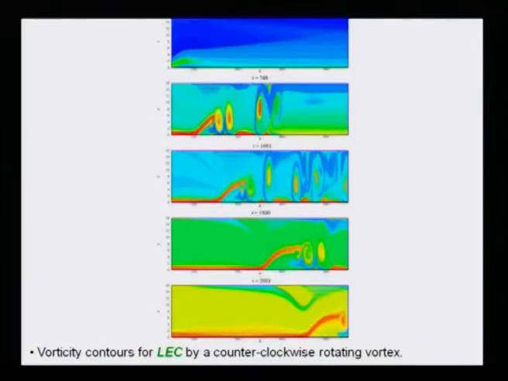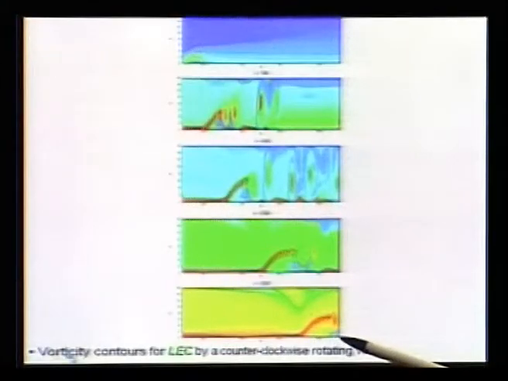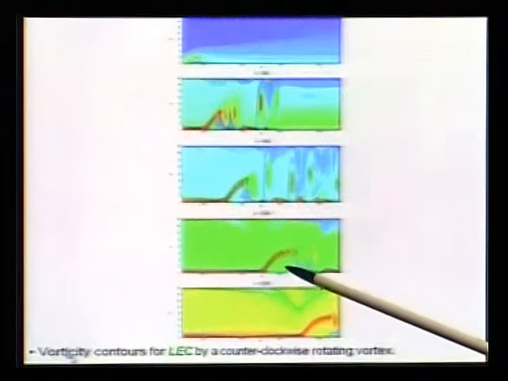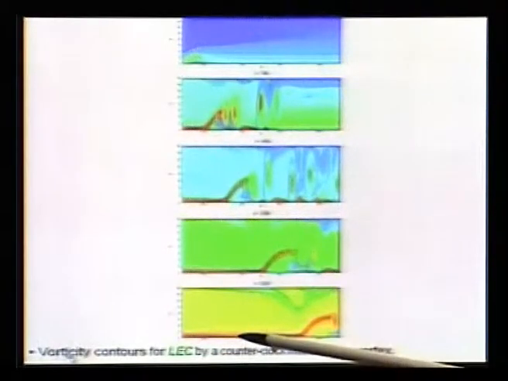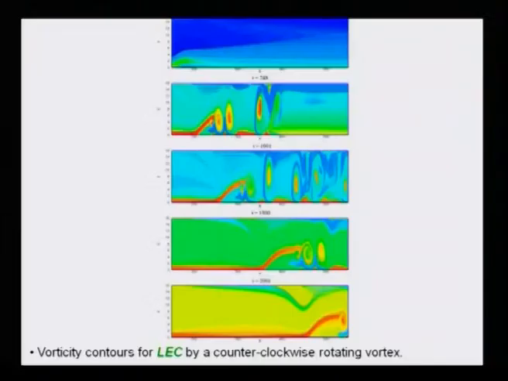I think the third frame is at t equal to 1001, and the last frame is at 2001. You see that the vortices are sweeping past, and the disturbances are swept away.